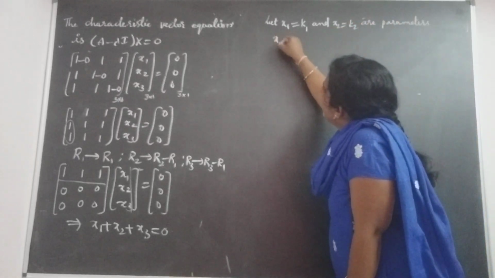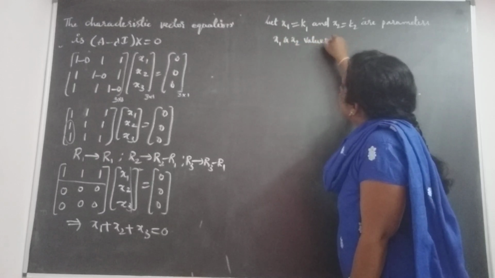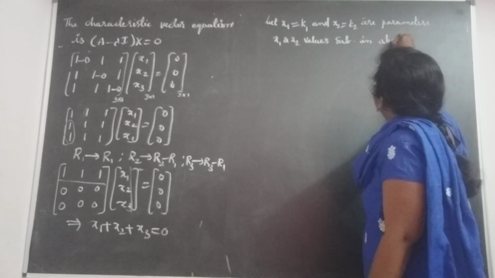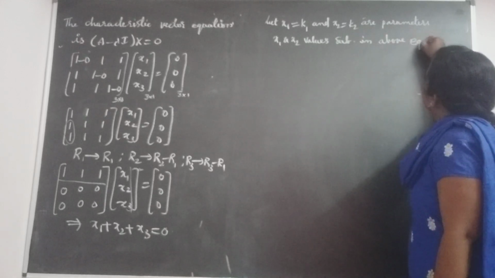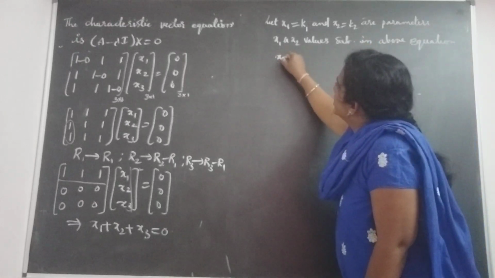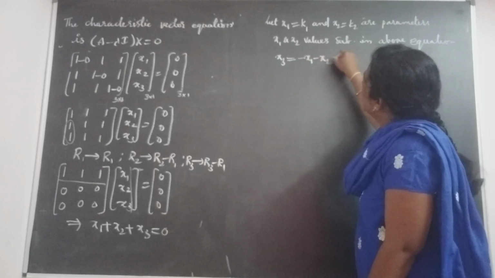These x1 and x2 values are substituted in the above equation. Then x3 becomes x3 equal to minus x1 minus x2.